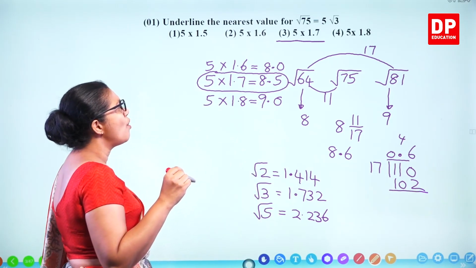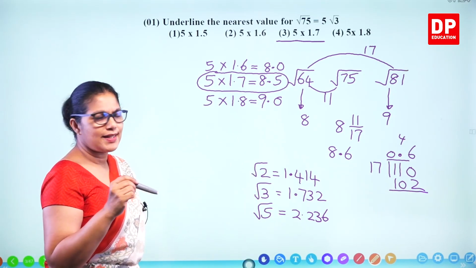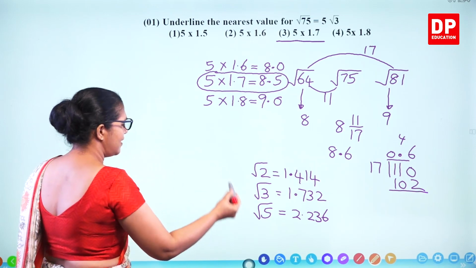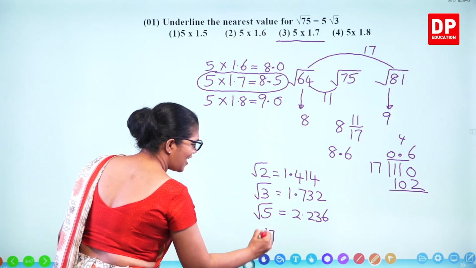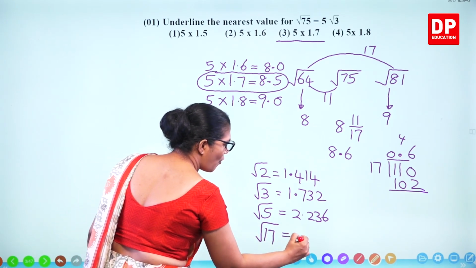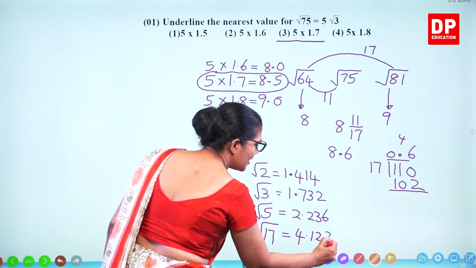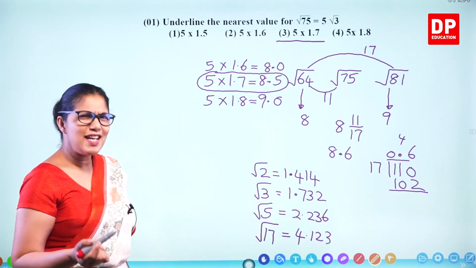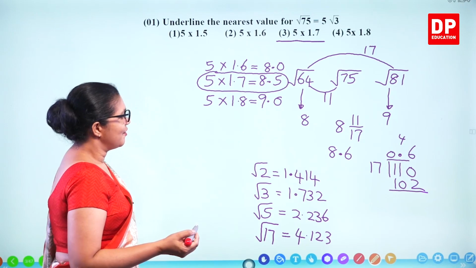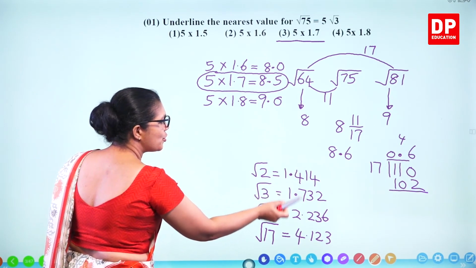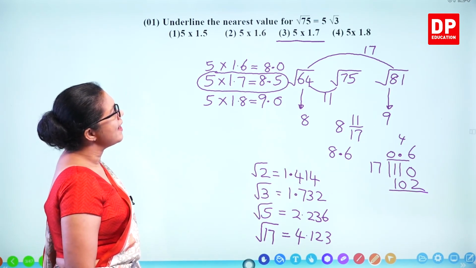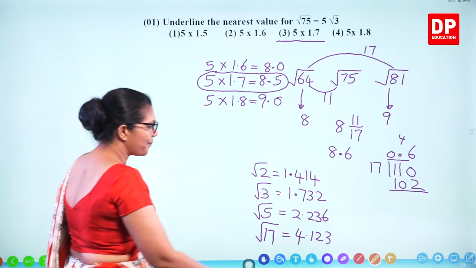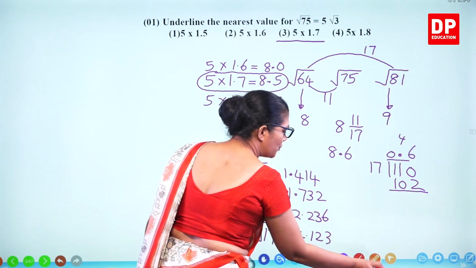5 into 1.7. And root 17, can you remember? 4.123. Some surd values you can memorize, especially root 2 and root 3, which you can easily remember. 1.732.